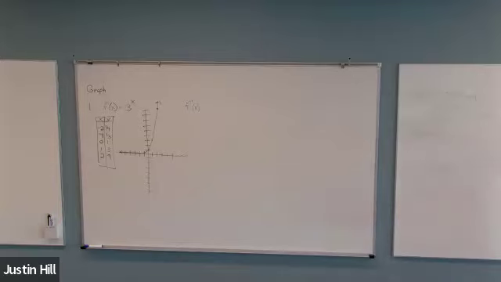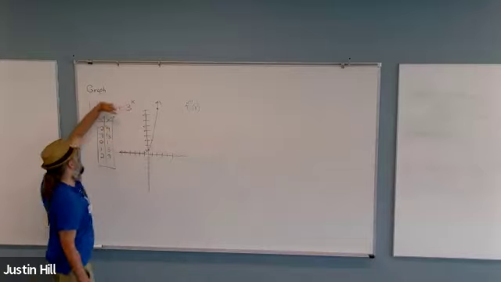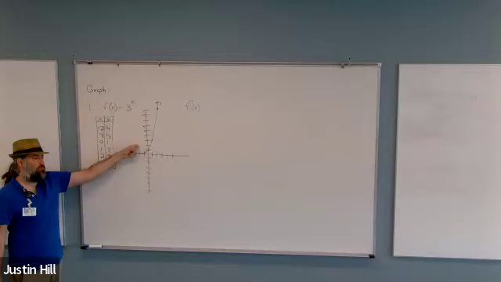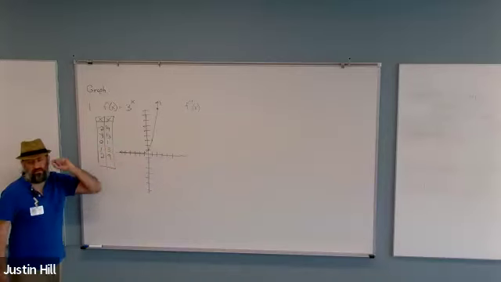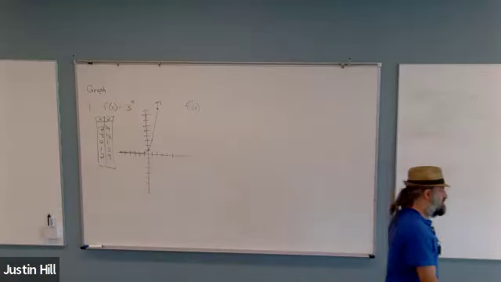Even without the equation, as long as we had the graph with coordinates, inverse just means switch your x's and your y's. So we could physically graph the inverse of this very easily. So that's the first thing I'll have you do. Take a minute, graph the inverse of this function.